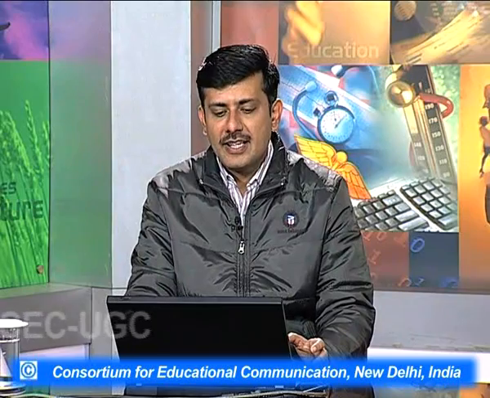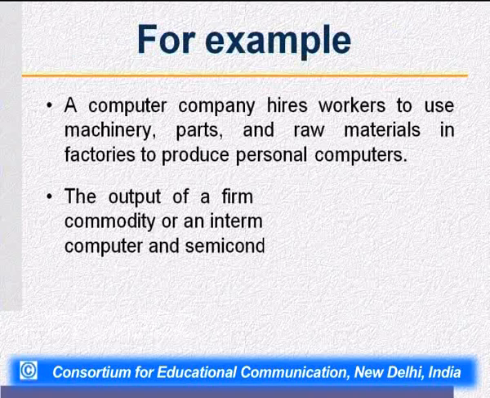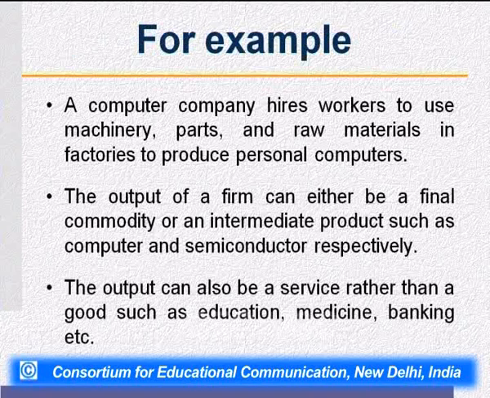This is also part of production, as we discussed in the previous slides. The production function also includes borrowing to set up or expand production facilities and hiring workers. Here you can see in the example a computer company hiring workers to use machinery, parts and raw material in factories to produce personal computers.